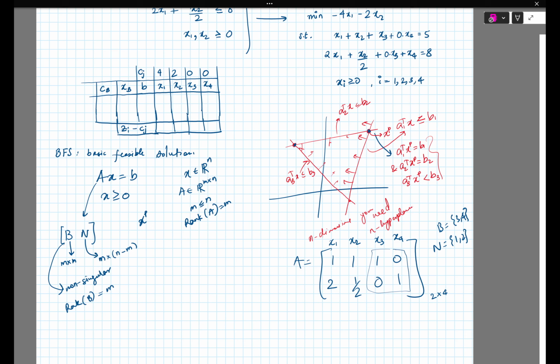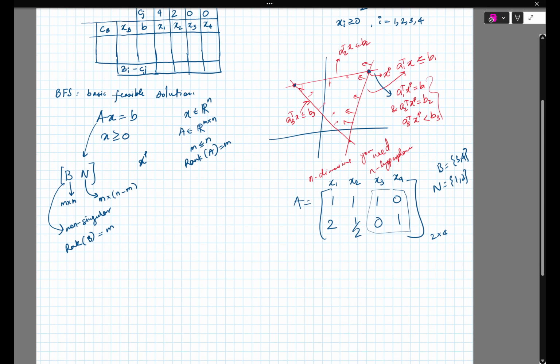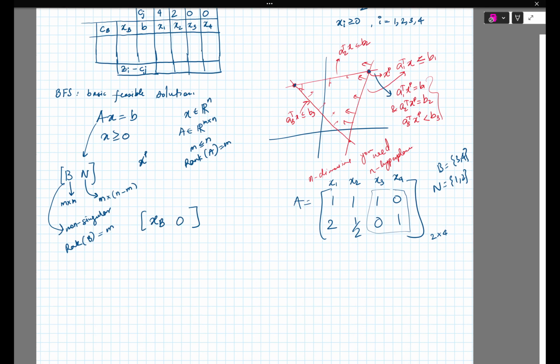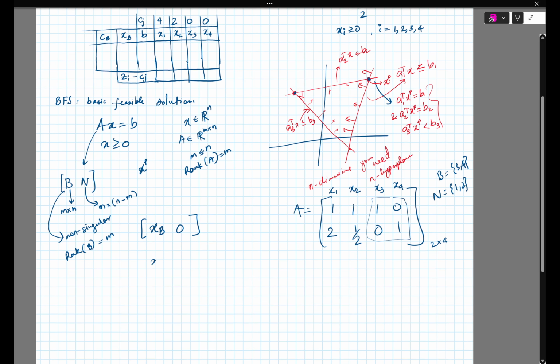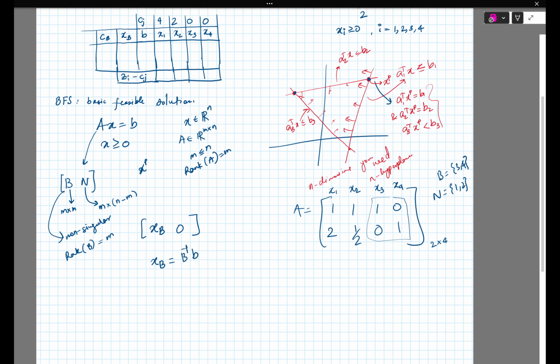Okay, and the basic feasible solution is basically something that satisfies, it's of the form xB, 0, okay, and xB is equal to B inverse small b, where B is the same thing that is here.